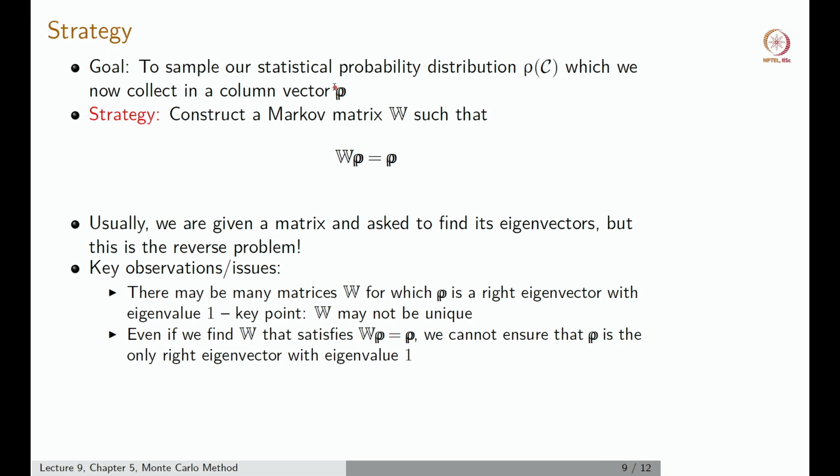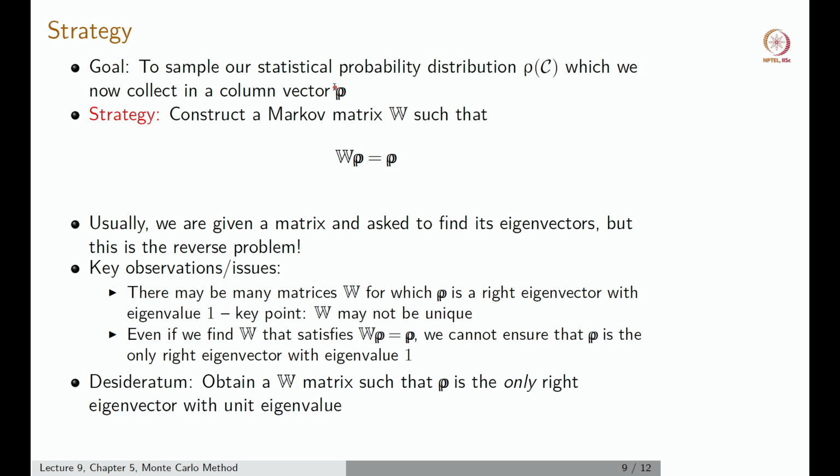So what we would like to do is see how we can ensure that the W matrix that we construct has only one eigenvector with eigenvalue 1.